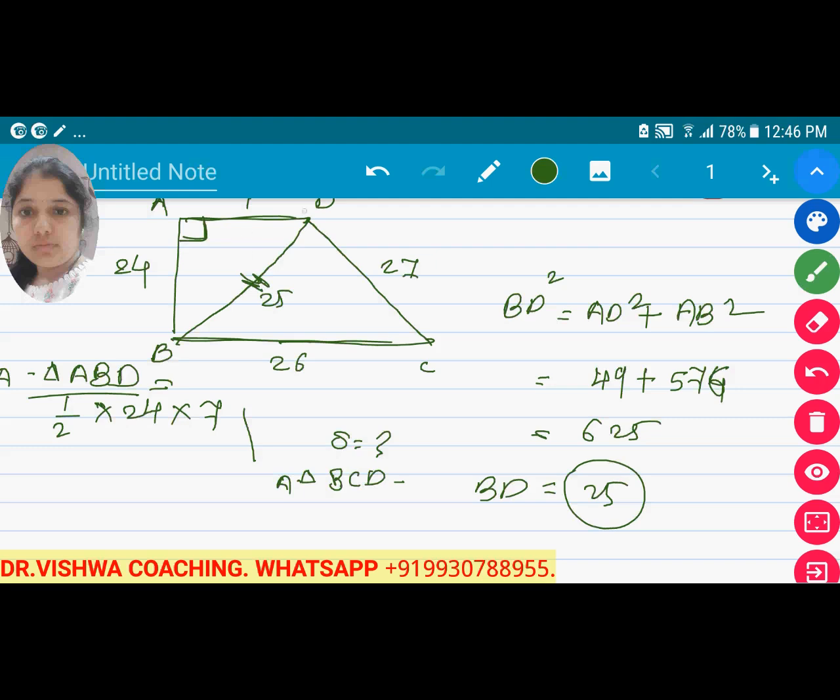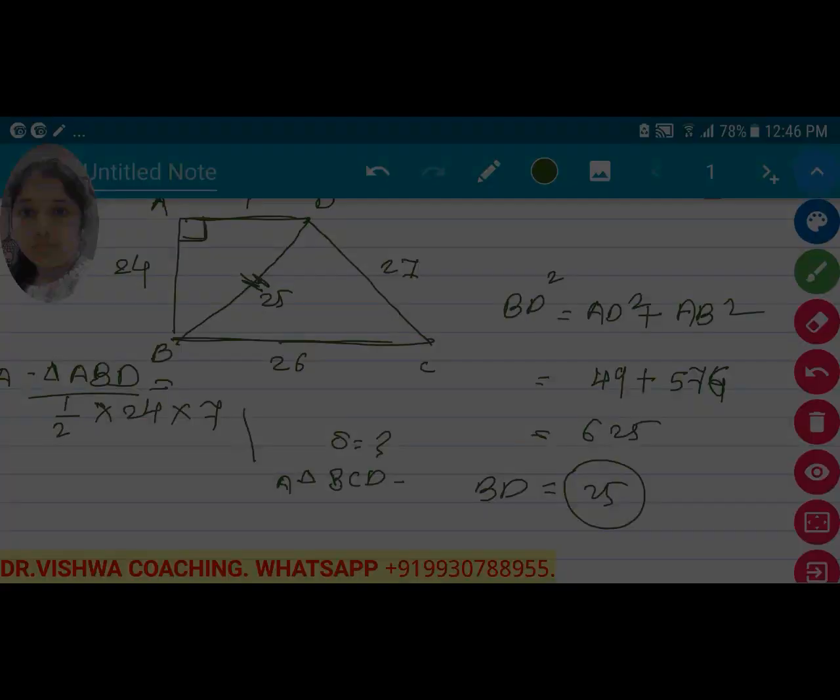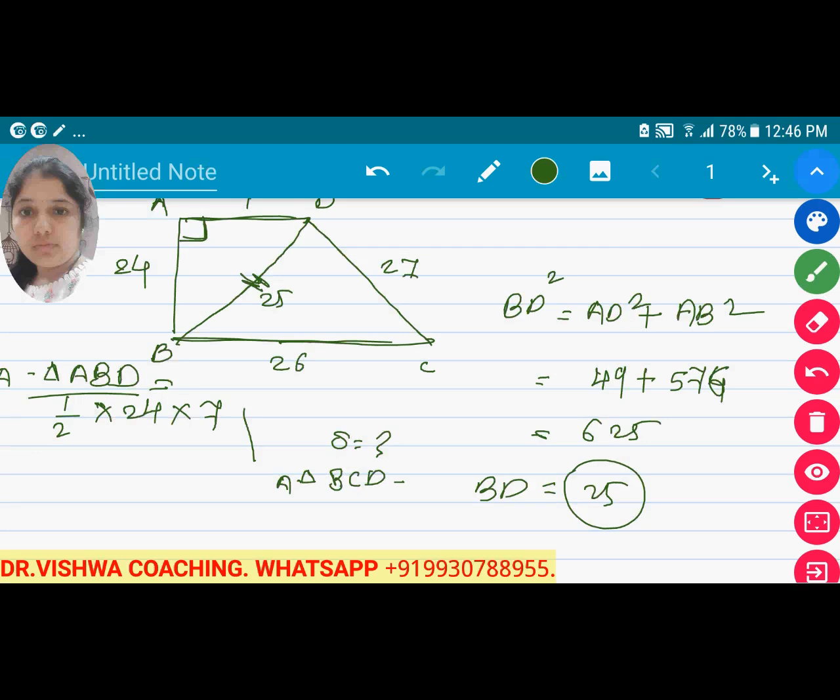So while calculating the area of a quadrilateral, you have to divide that quadrilateral into two triangles, and by adding the areas of those two triangles we can find the area of the quadrilateral. So here also we have to add the area of two triangles.